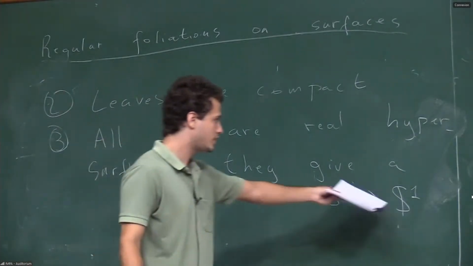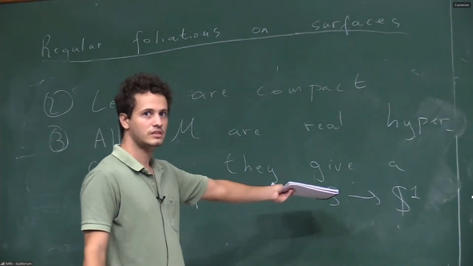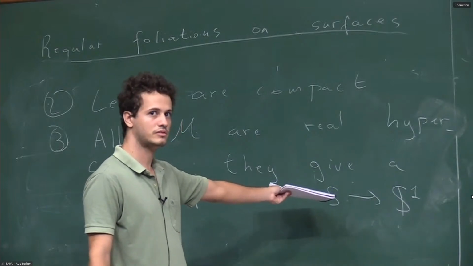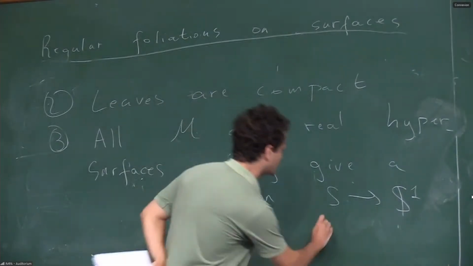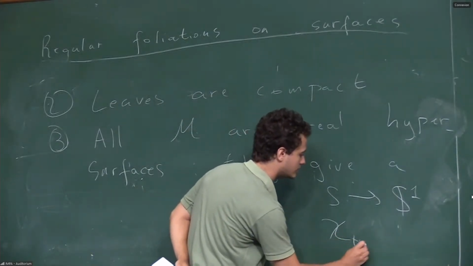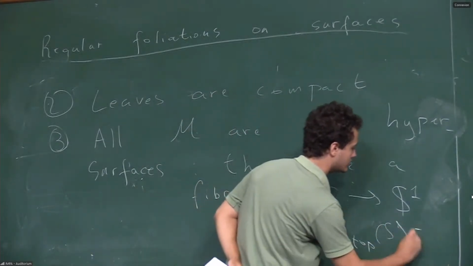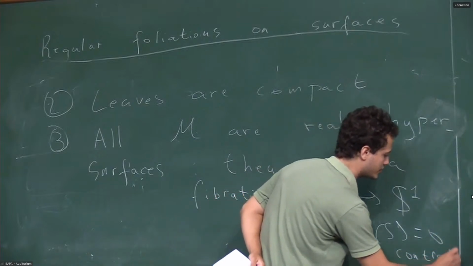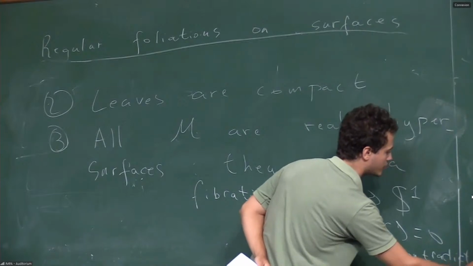If you have a fibration over S1, the Euler characteristic will be 0. It's a contradiction. For a surface of general type, this is always positive.